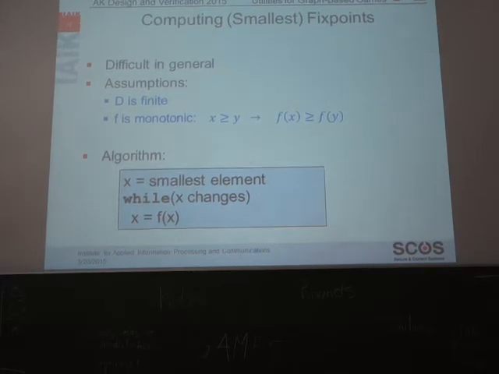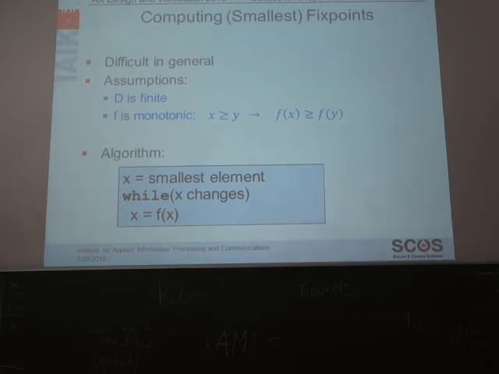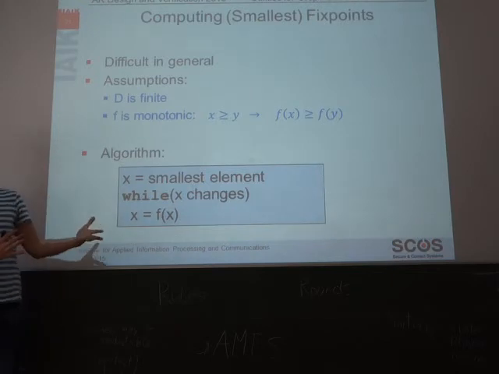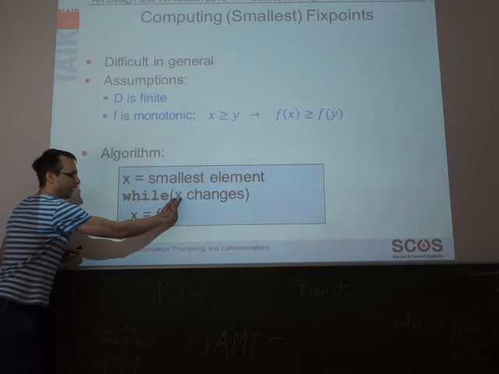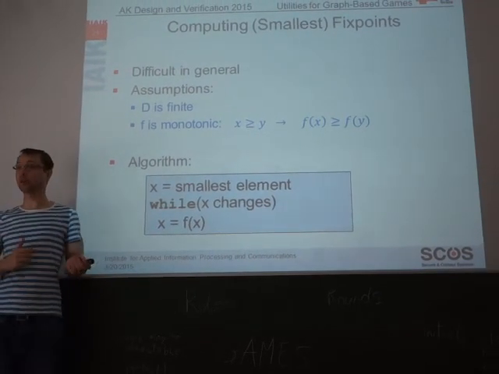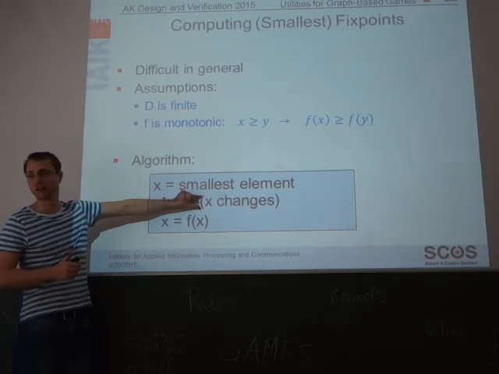Yes, but the answer I was actually aiming for, I was just asking if it terminates, will it be a fixed point? And the answer would be yes, because the termination condition is actually exactly that we have reached a fixed point, because if x doesn't change anymore, then this means that x has to be equal to f of x. This is exactly what I meant by writing here x.